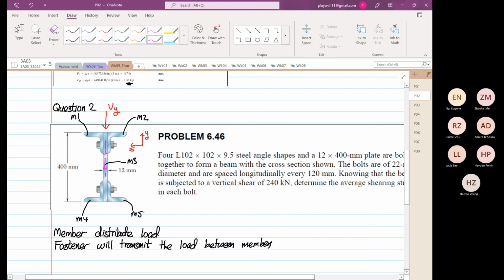the major web, right? But where are the terminus? The terminus are here because it's a wide flange. So when that's the case, the shear flow will do this.